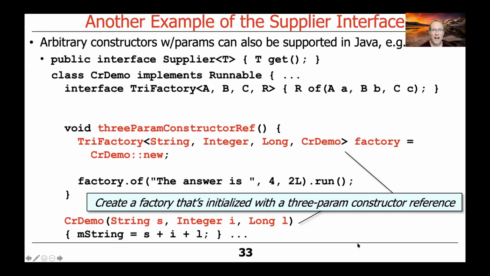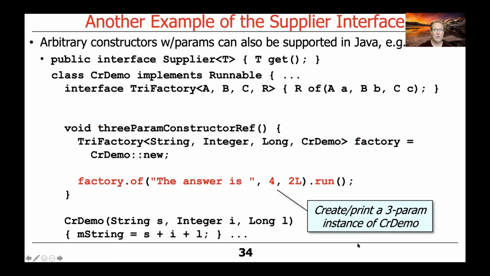And we call this thing factory, and we assign this to CRDemo::new.